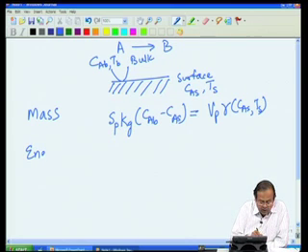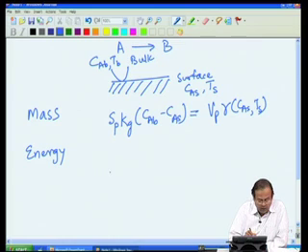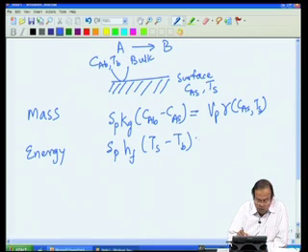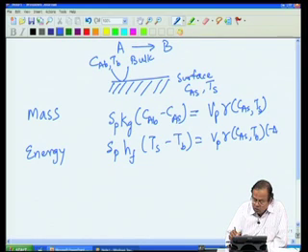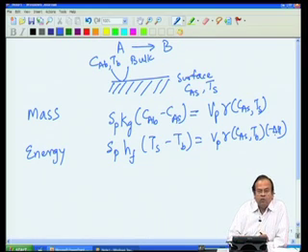We can immediately write a similar energy balance which says Sp into Hf into TS minus TB equal to the same rate, but now energy is involved, into minus heat of reaction delta H. Okay.